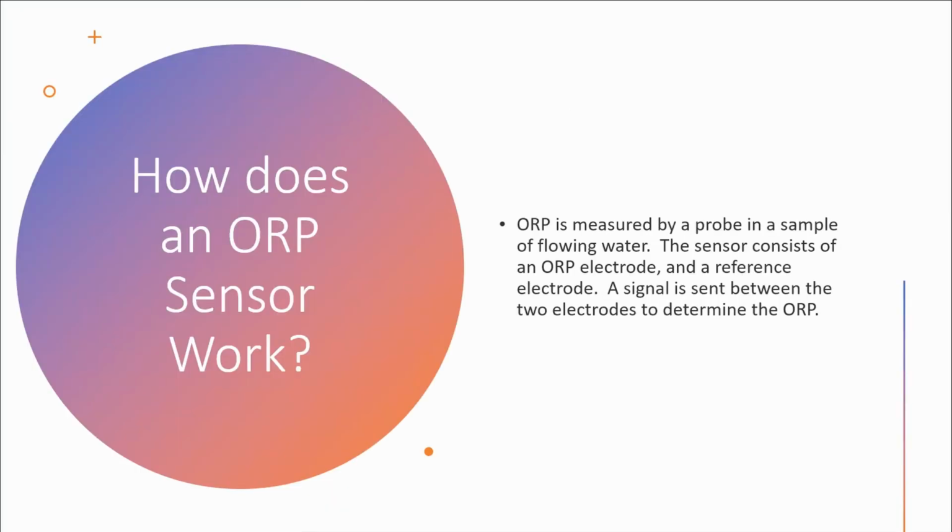So how does an ORP sensor work? It's pretty straightforward. The ORP is measured by a probe in a sample of flowing water. In the sensor, there are two electrodes, the ORP electrode and a reference electrode, and a signal is sent between the two electrodes that determines the oxygen reduction potential.